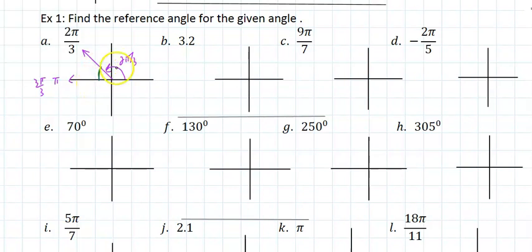Always you run to the x-axis, you create your triangle. What would that be? So if I am at 2 pi over 3 and I want to know from 2 pi over 3 to 3 pi over 3, isn't the reference angle pi over 3? You could do what I just did, fill that in the actual triangle, or you could write it. Directions: find the reference angle. I just did.